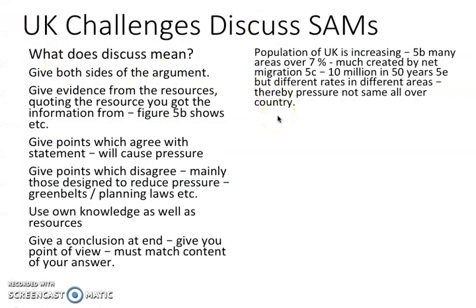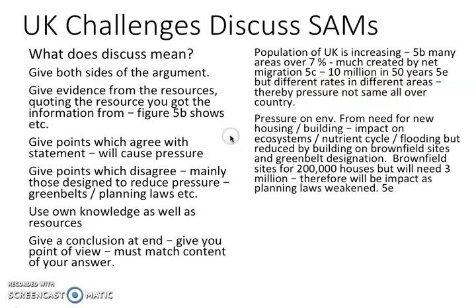So what we can say is that population is increasing. Many areas over 7%. Much of this is created by net migration, as figure 5c says, by 10 million in 50 years, which we got from figure 5e. But there are different rates in different areas, so the pressures aren't the same all over the country. The pressure on the environment comes from house building, which will impact these areas of the environment.